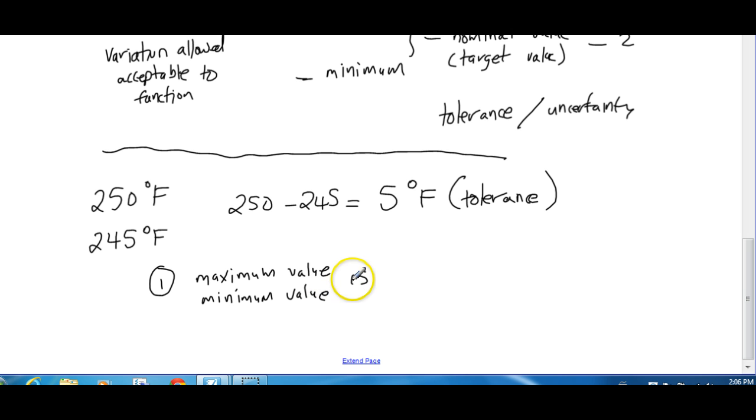And that is 250 degrees Fahrenheit over a minimum value of 245 degrees Fahrenheit. This is the first of 4 ways that we could write down the tolerance of this example.